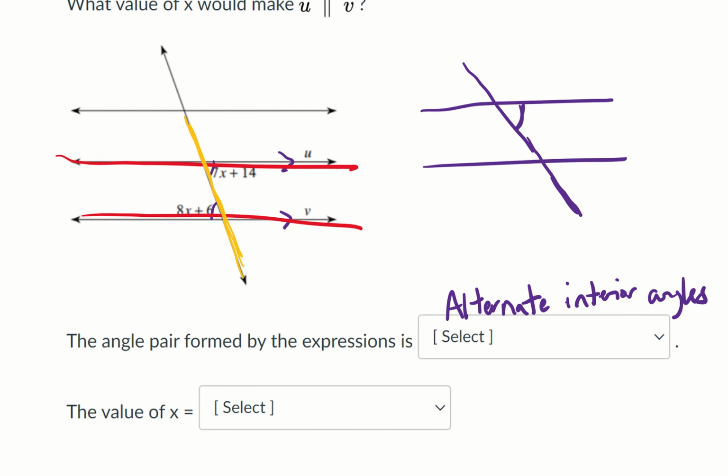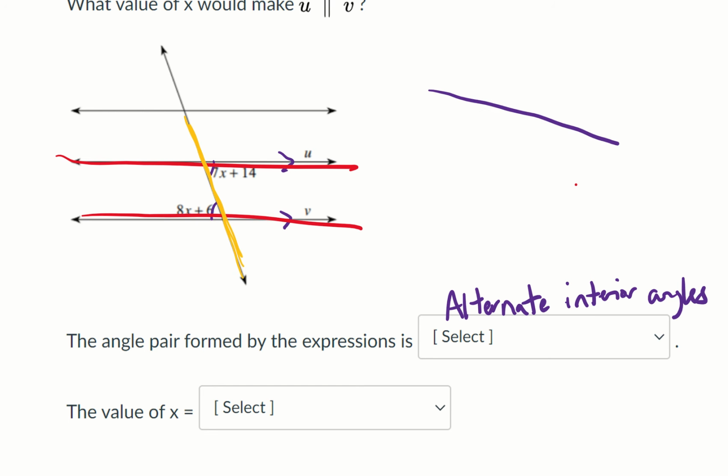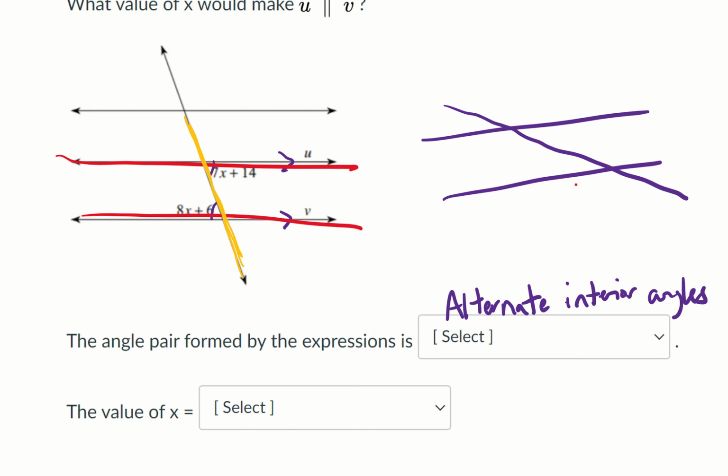If you think about it, this angle is an acute angle. It's a really tiny angle right here. So this angle is an acute angle, very tiny. This angle is also an acute angle. It's very tiny.